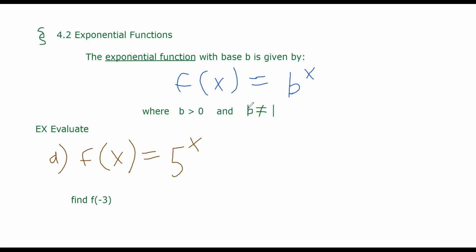F of negative 3. So, well, let's try it out. That means we put a negative 3 into the exponent.